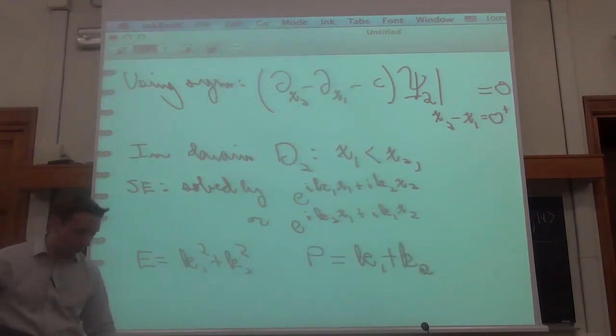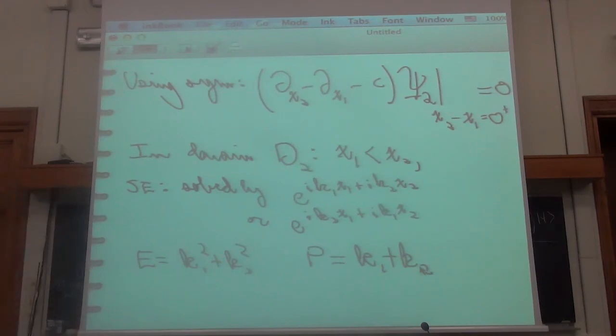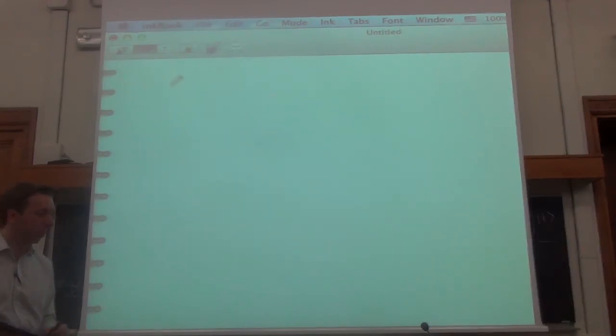So we're now ready to put the form of our wave function into this equation. We will do an Ansatz, a guess for the two-particle wave function of this form.